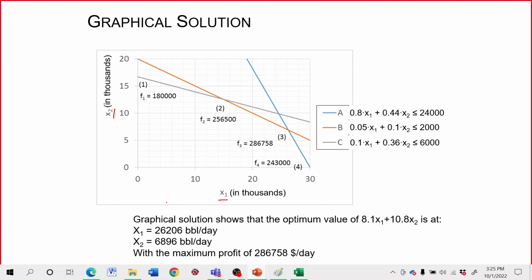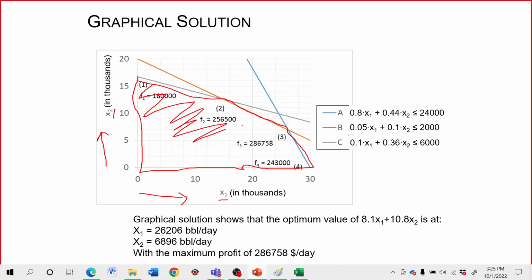We know that x1 has to be positive and x2 has to be positive, and then we can see these parts. This is your search space. Can you follow?